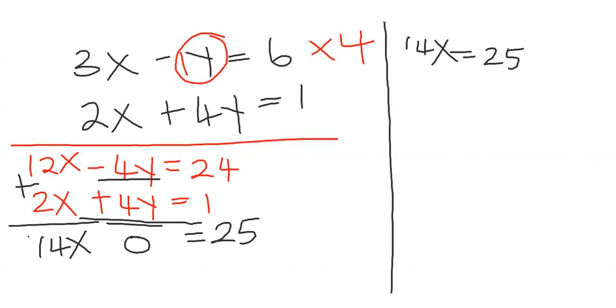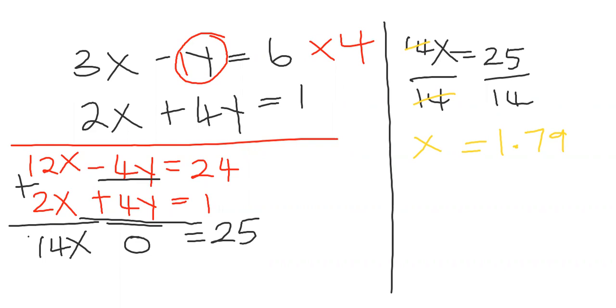Then we are solving for x, divide by 14, divide by 14. This 14 cancels this 14, so you are left with an x there. Then divide the 25 by 14, and you'll get 1.79. So that's the value of your x.